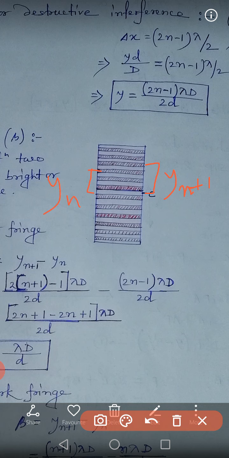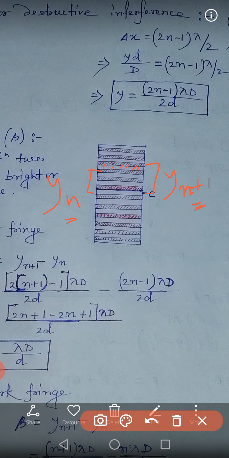It is just below this, so n, then the next one is n plus 1. If you subtract yn plus 1 minus yn, which part will you get? Isn't it the width of this bright fringe?